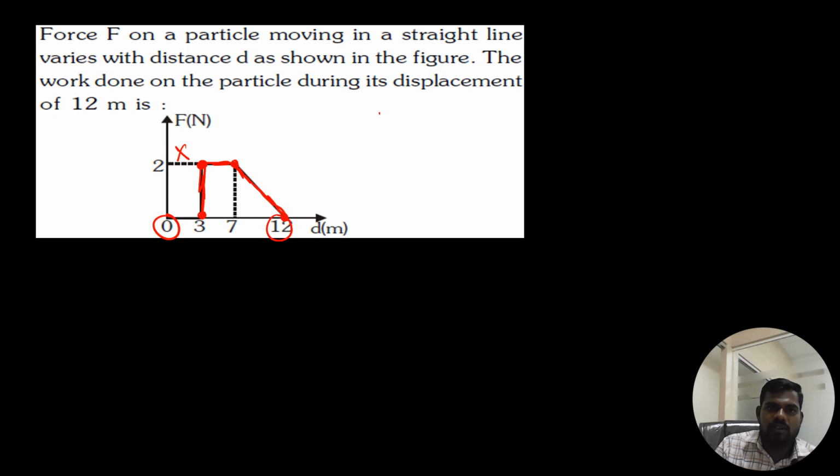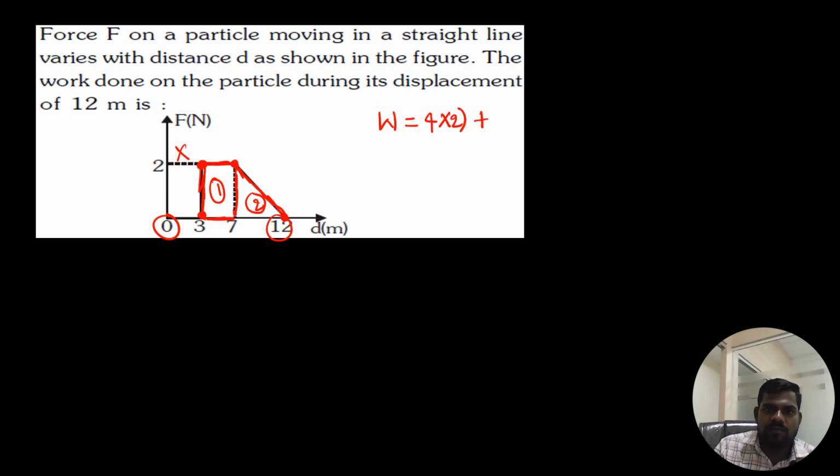Again the same format. W is equal to force into distance, the area under the F-s graph. First we observe this is like a rectangle, and this is like a triangle. The difference is 7 minus 3, which is 4, into this height, which is 2.